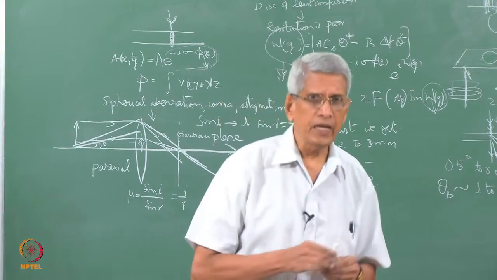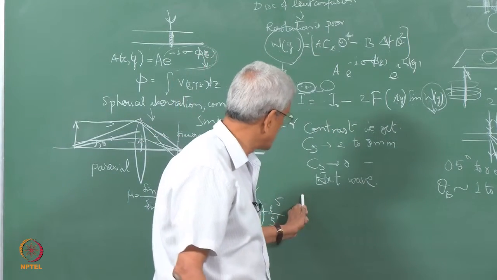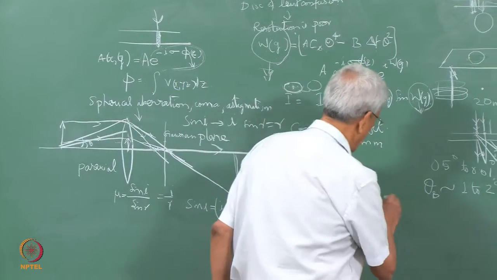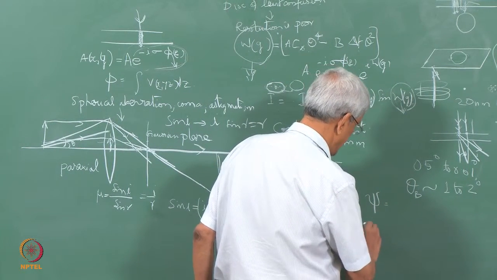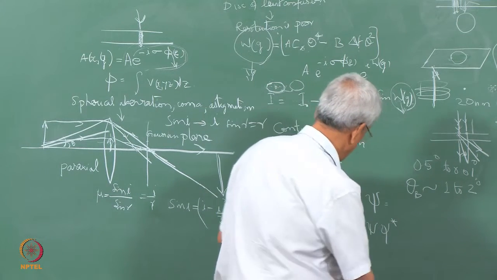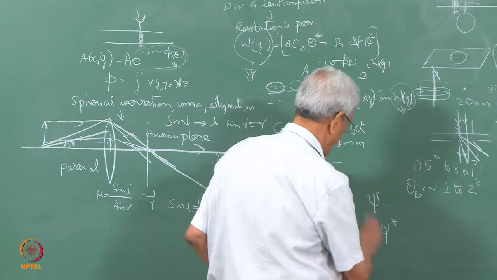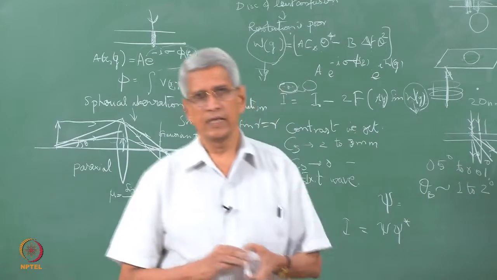But generally what happens is that when we get the image, we know that the amplitude essentially is a complex function, and because of that, in the image intensity, the information about the phase factor is completely lost.